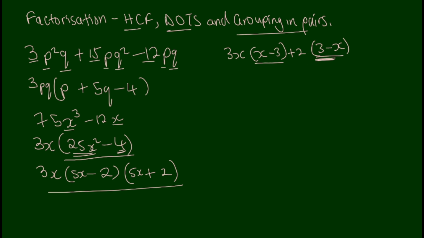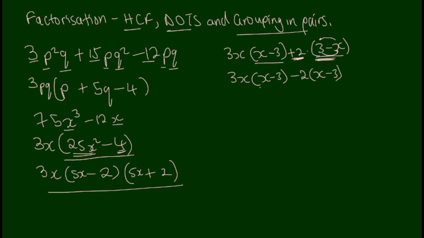We can factor out negative 1. If you factor out negative 1, you have negative 1 outside. This negative 1 will affect the positive 2, so the positive 2 becomes negative 2. So it's going to be 3x times x minus 3, and then minus 2 times x minus 3.